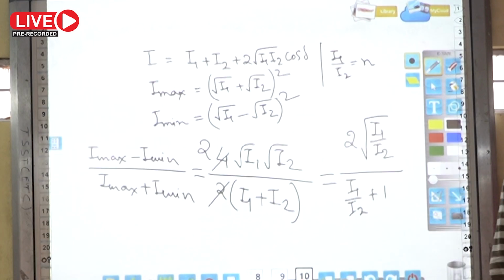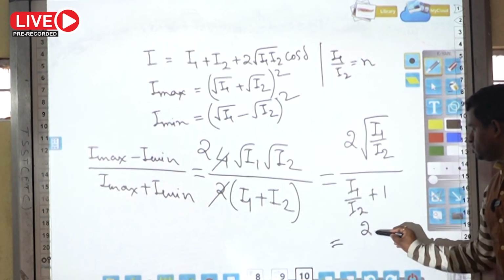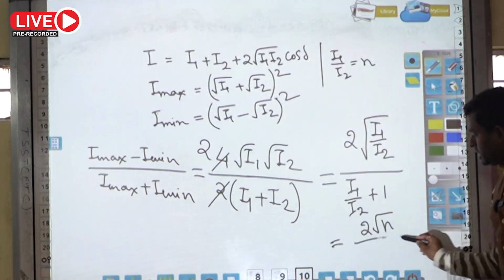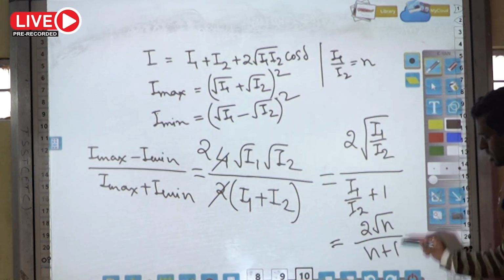Now I1 by I2 is given as n. Substitute. It will be 2 root n by n plus 1.